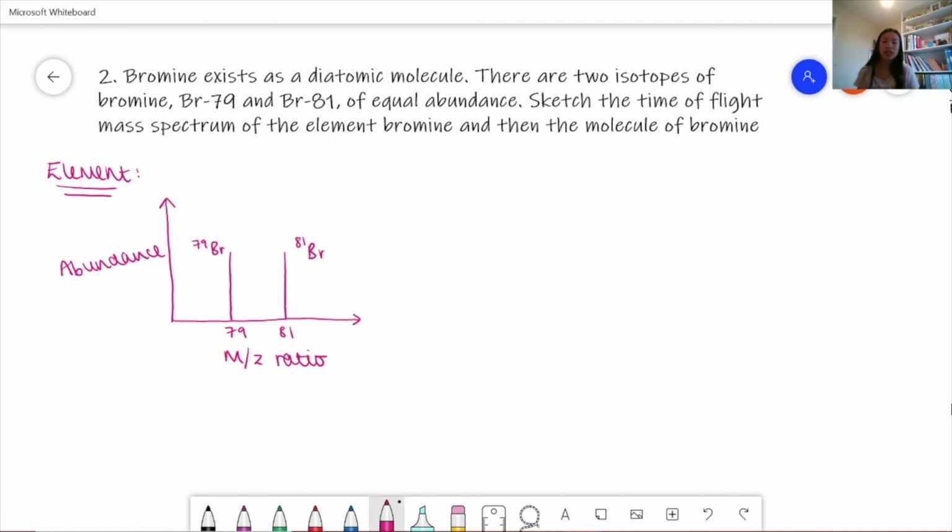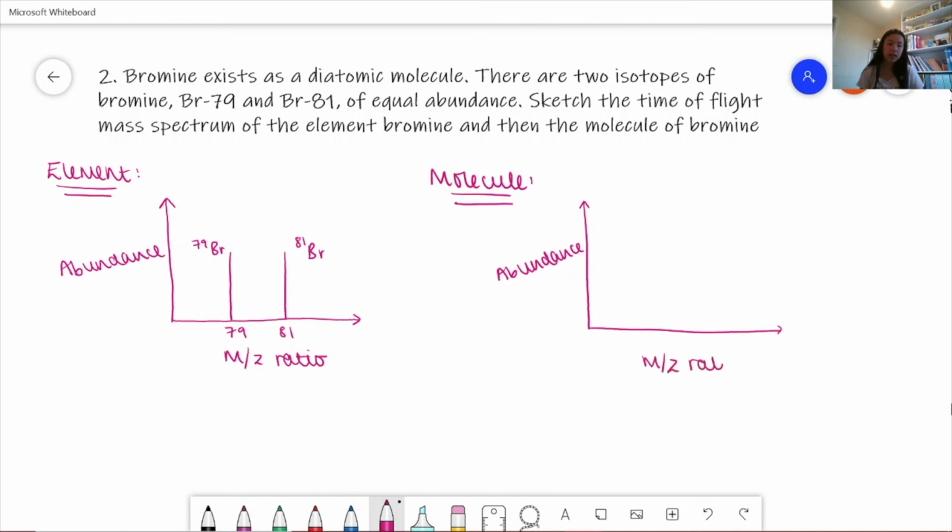Whereas if we were going to look at the molecule, we've been told that it exists as a diatomic molecule, and that means we have two atoms of bromine in the molecule. So therefore, we'll have again the abundance on the y-axis and the m/z ratio on the x-axis, but this time we'll have to add them up.